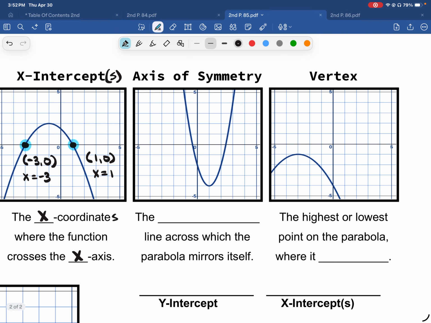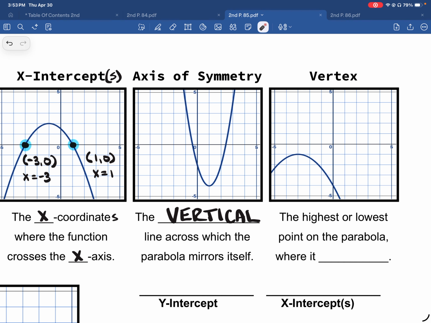The axis of symmetry is a vertical line across which the parabola is a mirror image of itself. Well, the parabola is sort of split down the middle right here.